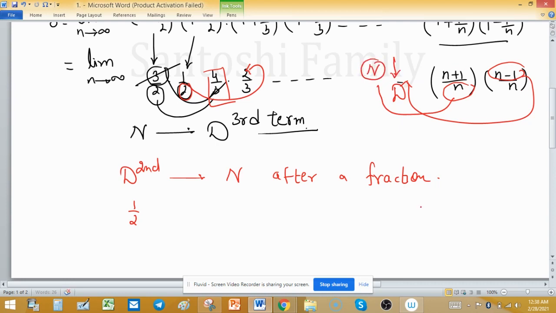Means in the last, n plus 1 divided by this one will be left.